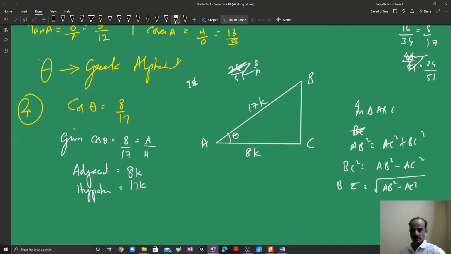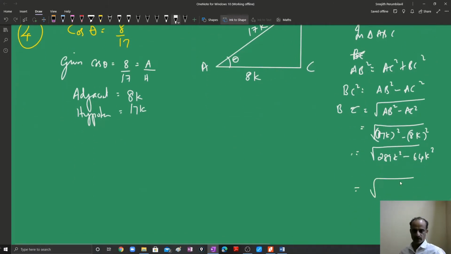In fact, it is equal to root of 17k whole square minus 8k whole square. So this is equal to root of 289k square minus 64k square.